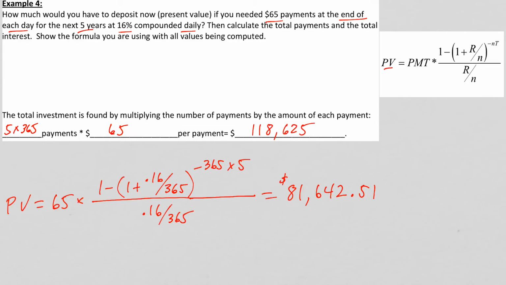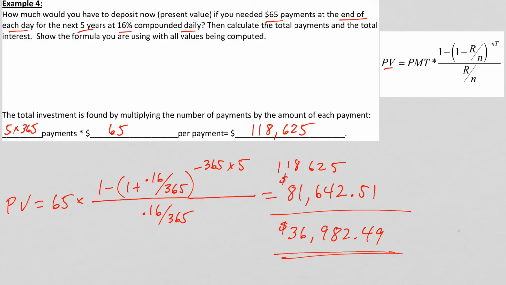But we funded it originally with $81,000. So we are going to make $36,982.49 in interest. Let's just leave it there. That's the amount of interest we're going to make over the life of this account.